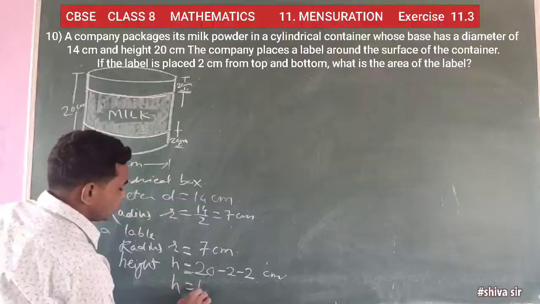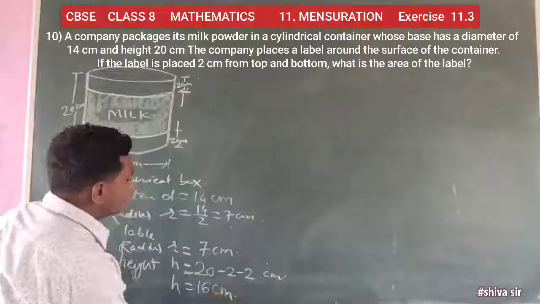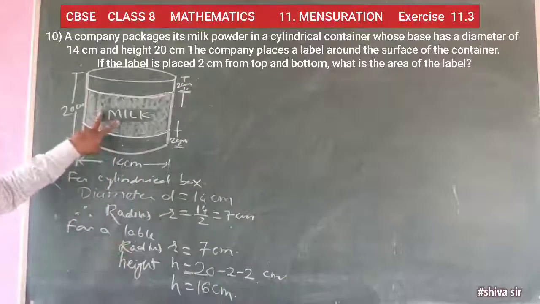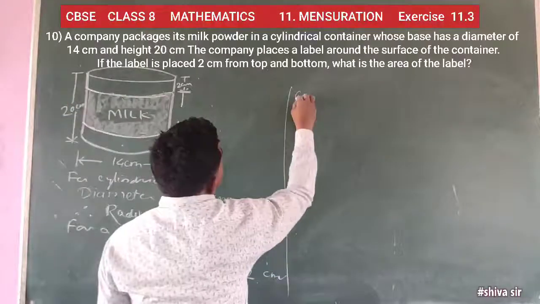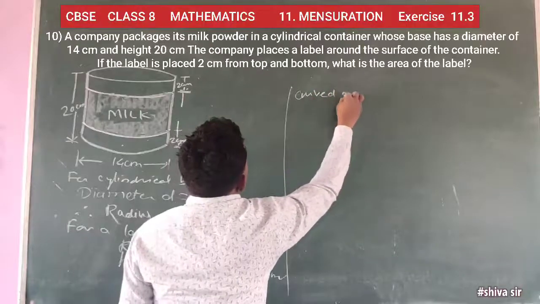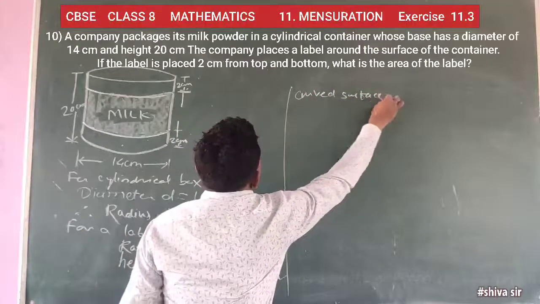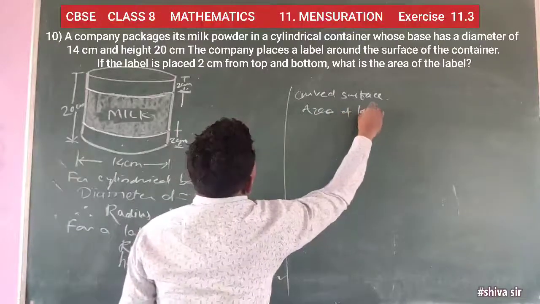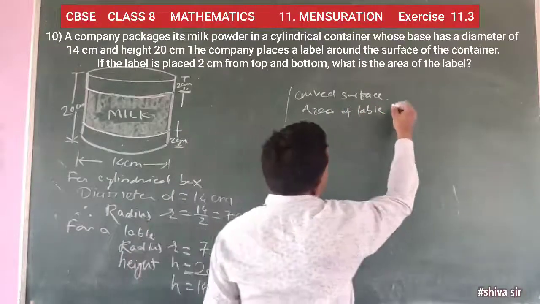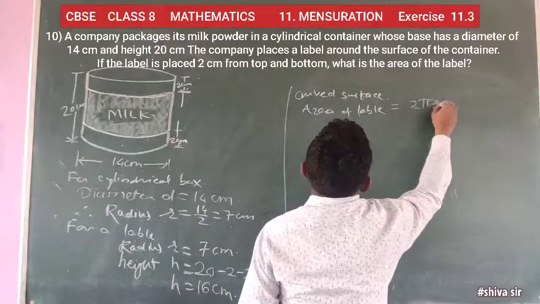So H is equal to 16 centimeter, and we have to find the curved surface area of this label. The formula is 2 pi RH.